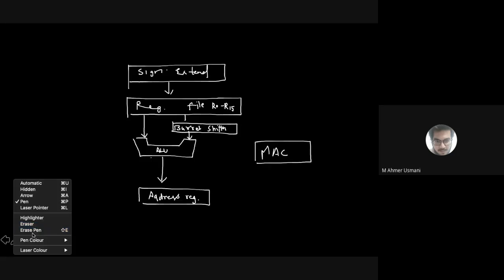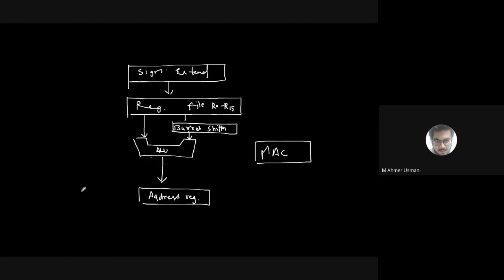I will just take another color. So the data will come from two sources. One will be this source, which will be called the multiplicand. And one I will take from here, which will be called the multiplier.